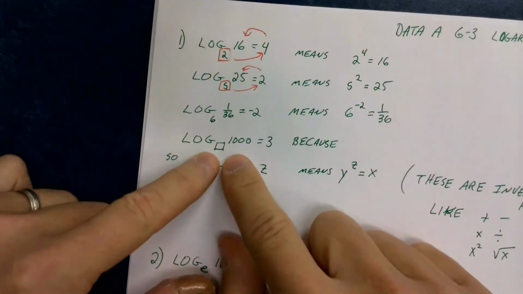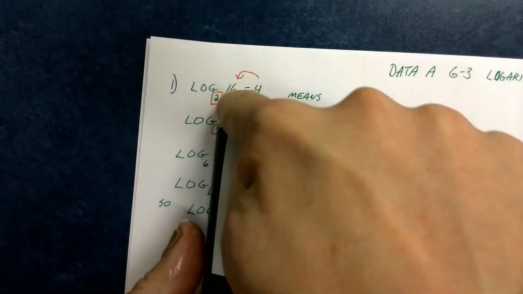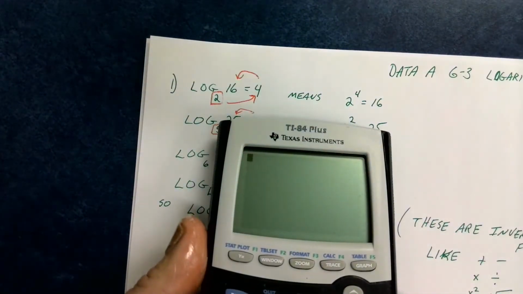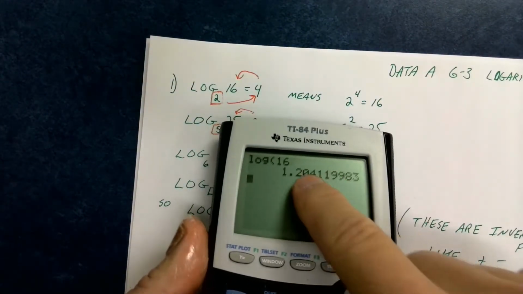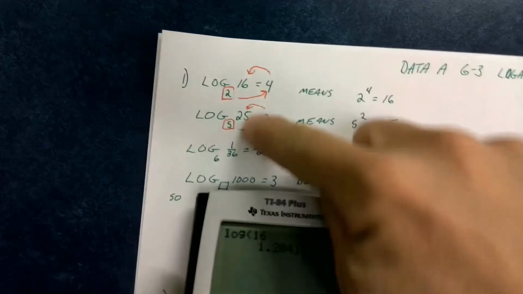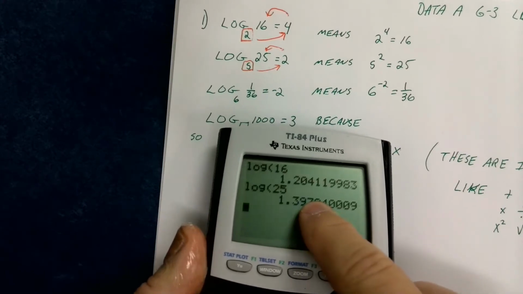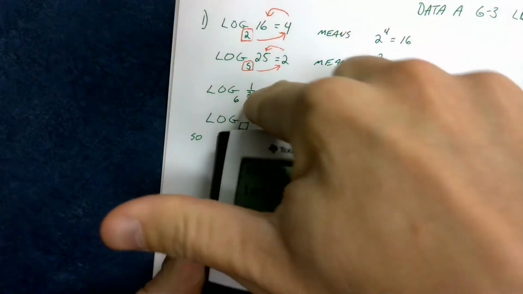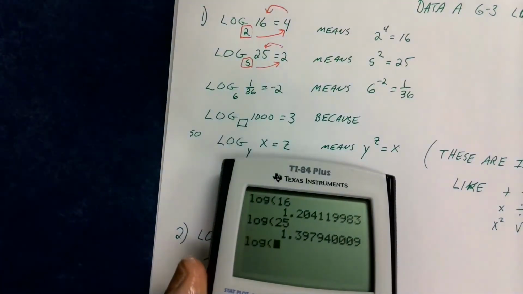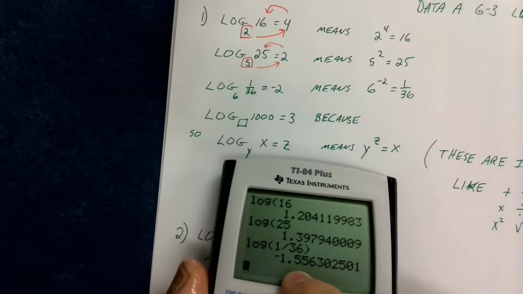Okay, but let's show you right now, if I put in the log of 16 and hit enter, it doesn't give me 4. If I put in the log of 25, it doesn't give me 2. And if I put in the log of 1 divided by 36, it doesn't give me -2.